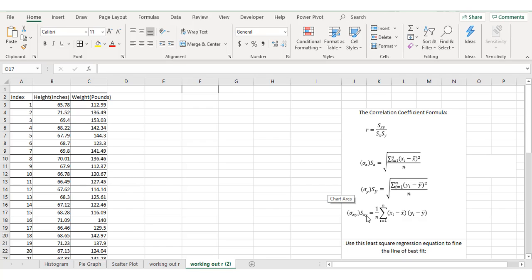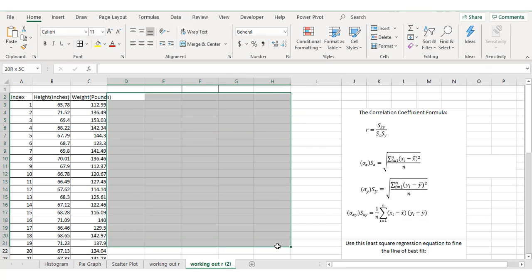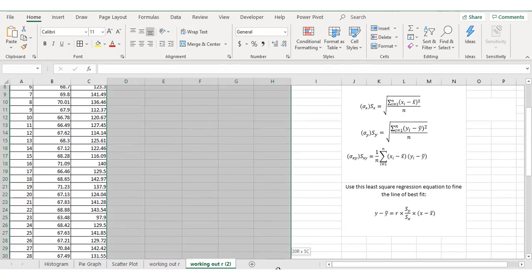Then for the standard deviation for height times weight, you will do this multiplication. Then sum divided by how many data you have. N is 50. Therefore, we need another 5 columns. So let's highlight 5 columns here.